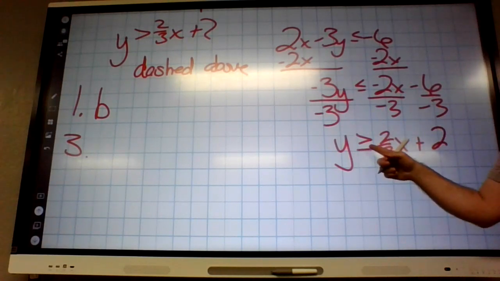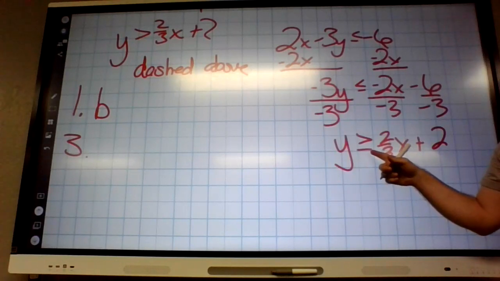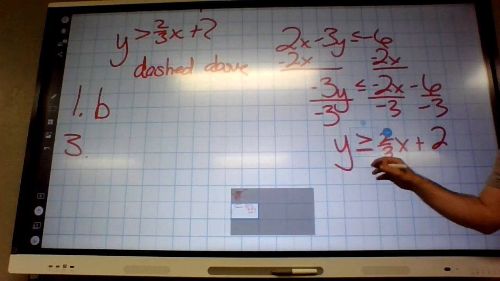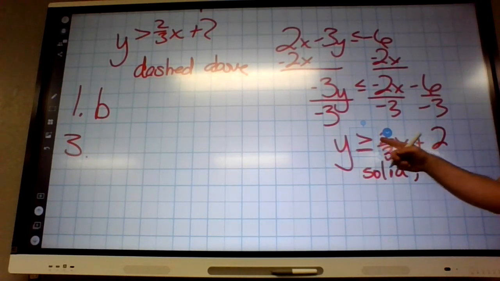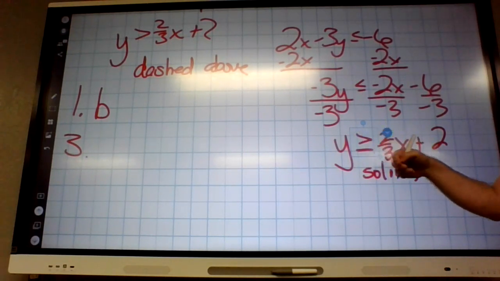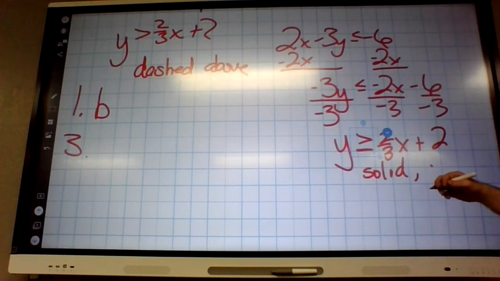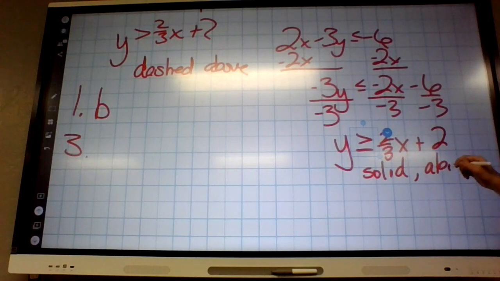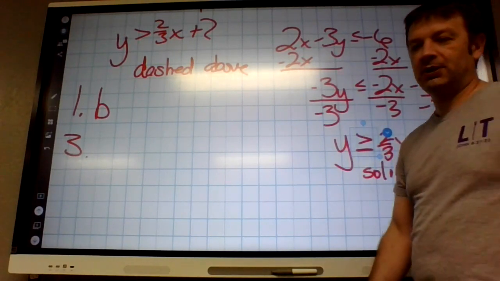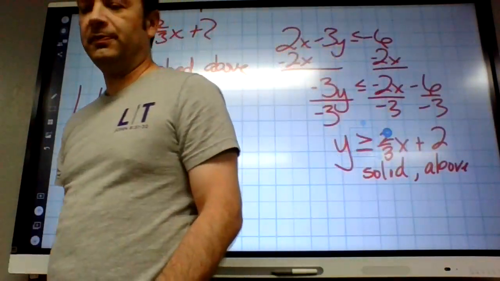So if it's greater than or equal to, is it solid or dashed? Solid. And which side are we shading? Greater than, so it's above. So which option is solid and shaded above? A.